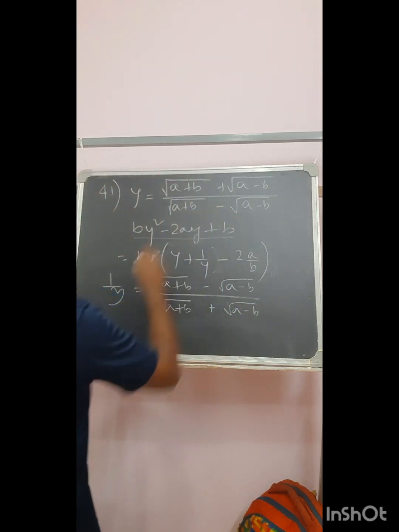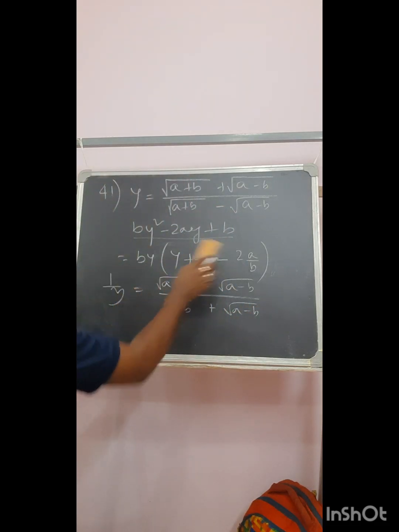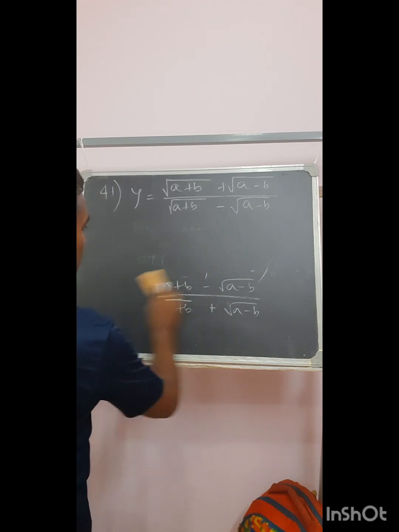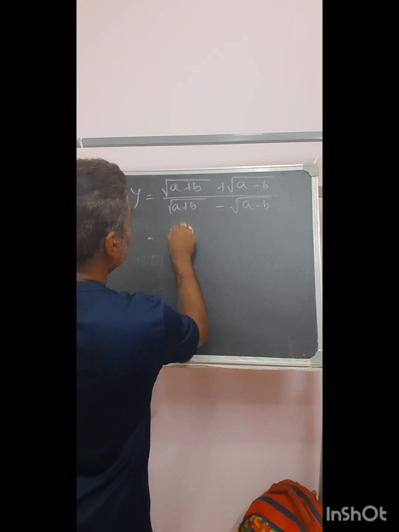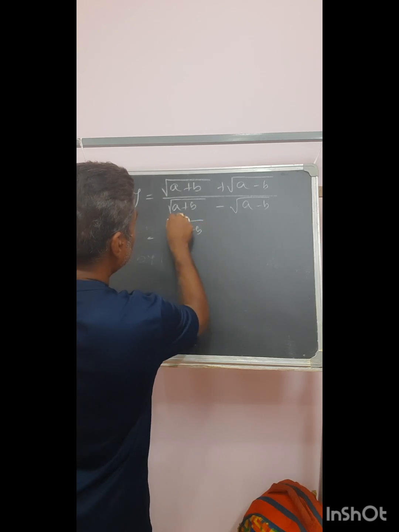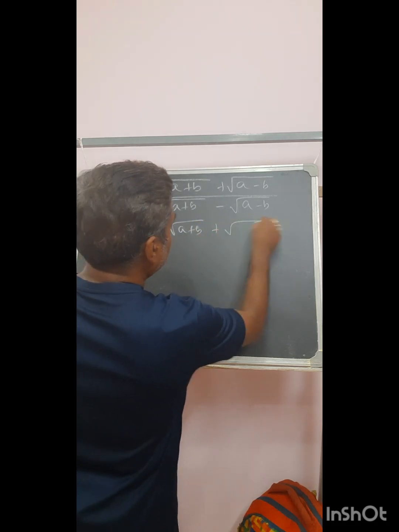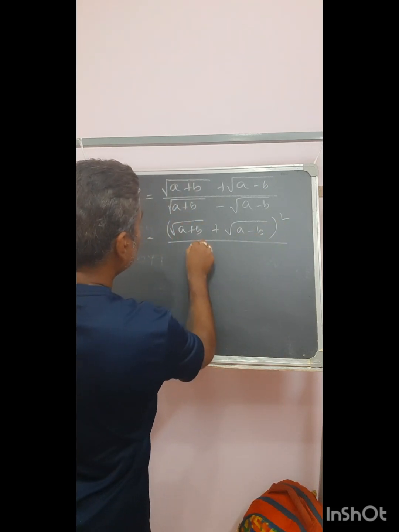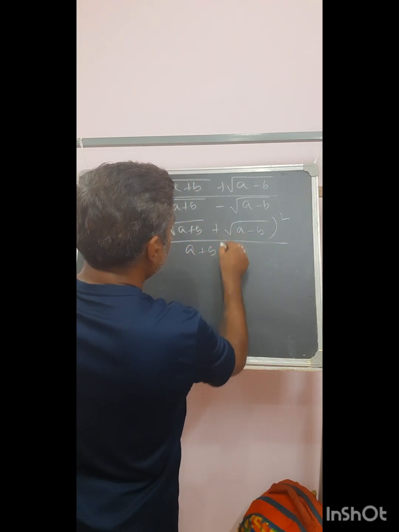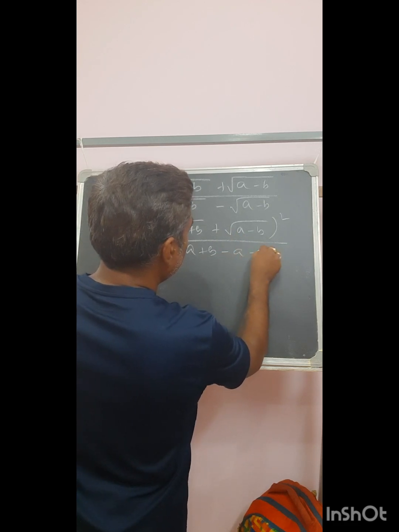So if I do the calculation now, remove this part. Now I am starting calculating from that one. If I want to free it, the top one will be a plus b a plus root a minus b whole square. The bottom part will be a plus b minus a plus b.